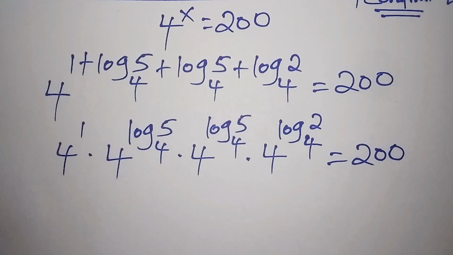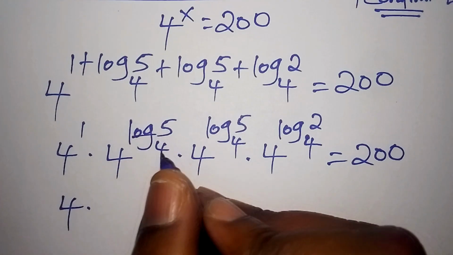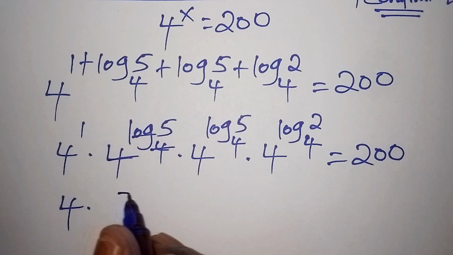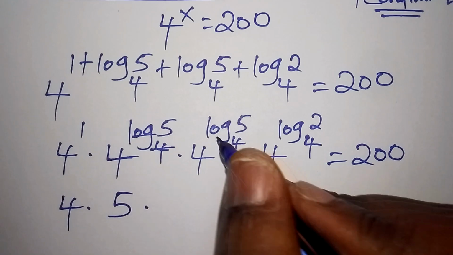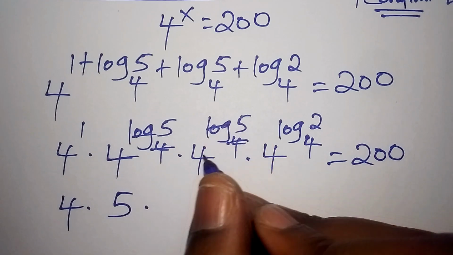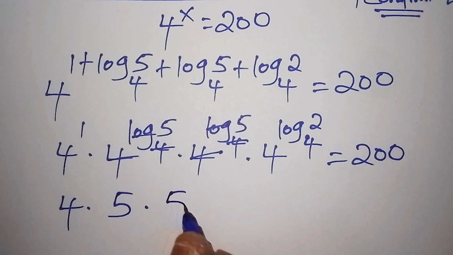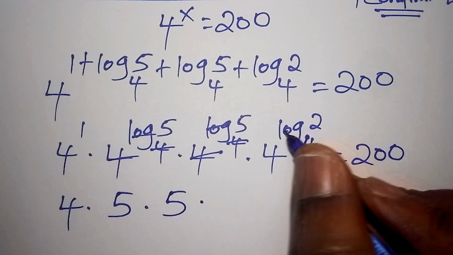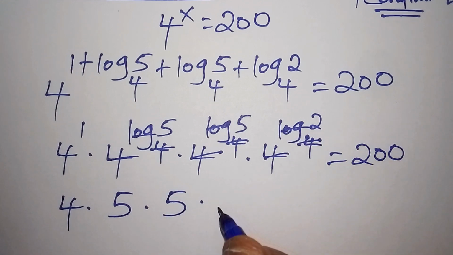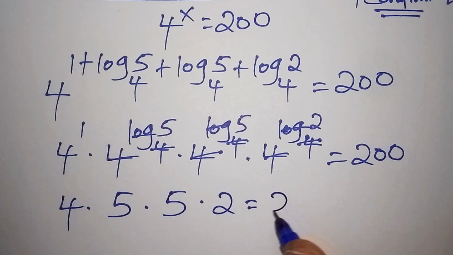When you cancel it out, 4 to the power of 1 is 4, multiplied by the log of 4 to the base of 4 cancels. So we have 5, the base 4 cancels again, 5, and again it cancels, 2, is equal to 200.